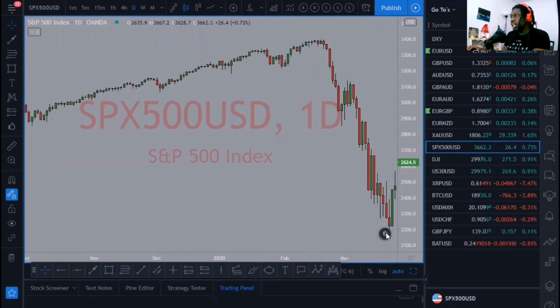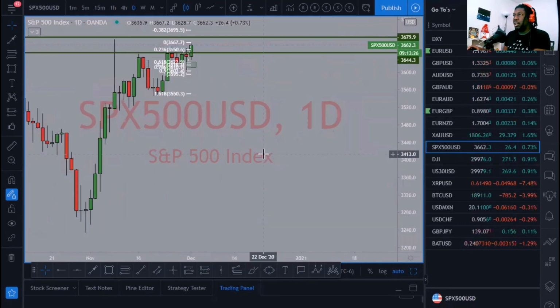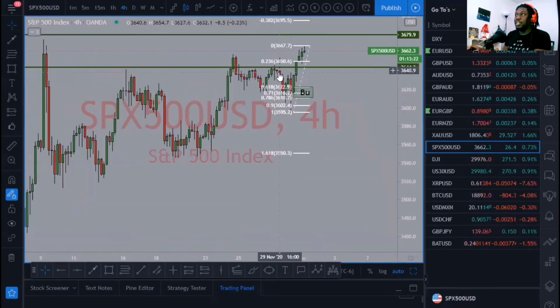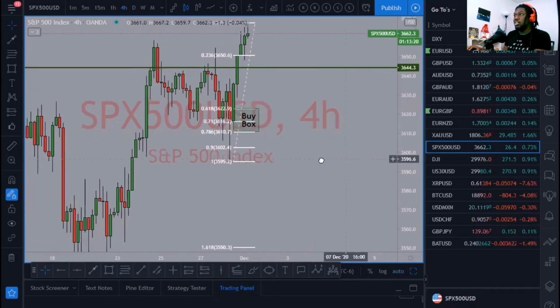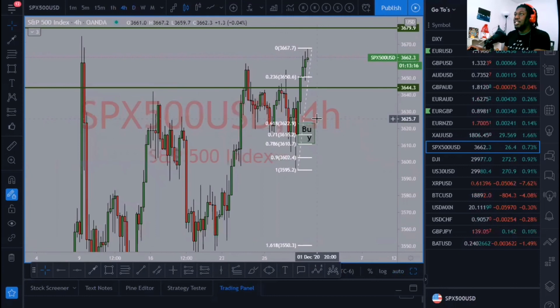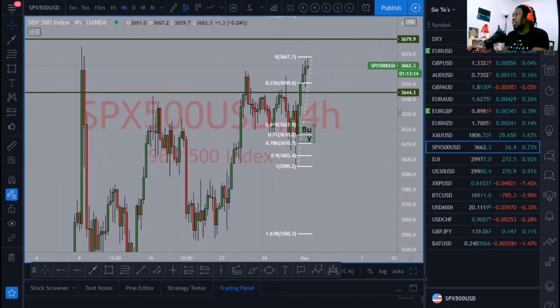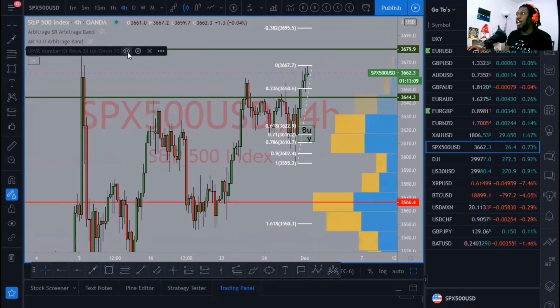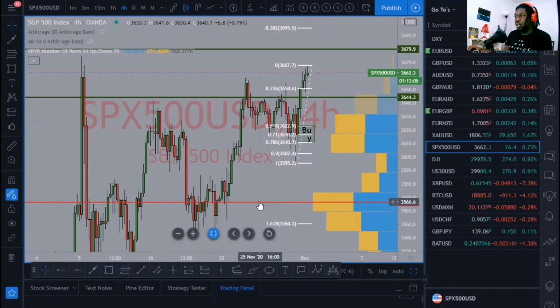So again, risky traders, by all means, y'all can try to sell right here. But me, I'm looking more for the buy personally. Although I hate buying at highs, that's all I can really see: S&P continuing to the upside. Although the point of control, if you pull it out, there's literally nothing up here. The point of control is down here.